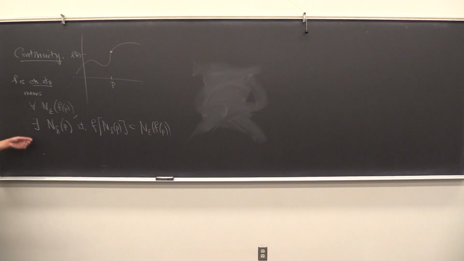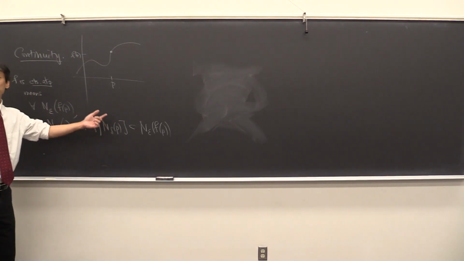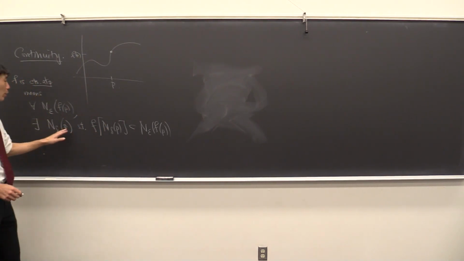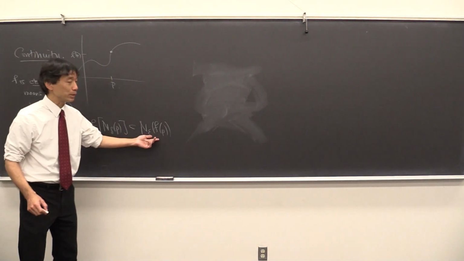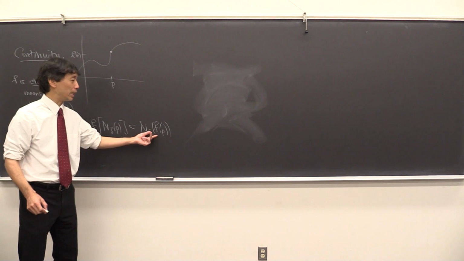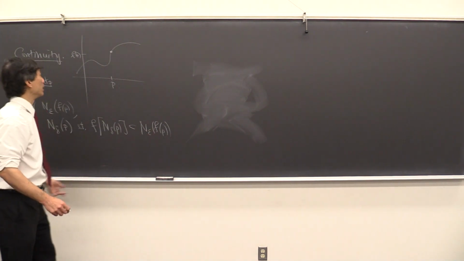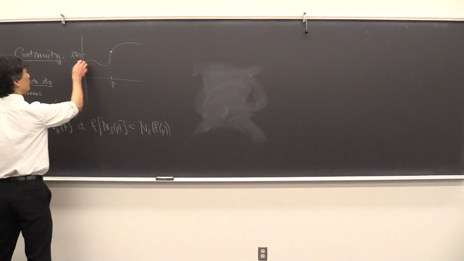So for every epsilon neighborhood of f of p, there's a delta neighborhood of p that gets mapped inside there. All the points inside this neighborhood get mapped to within epsilon of f of p.